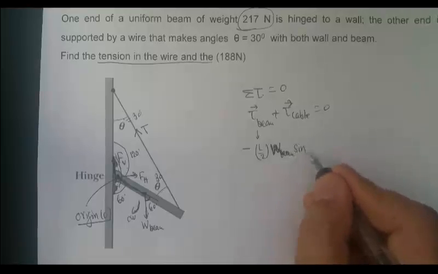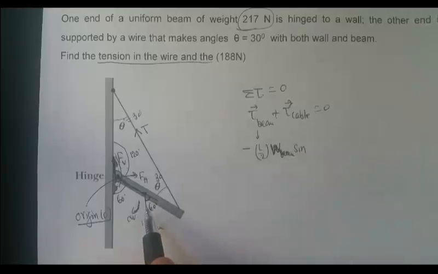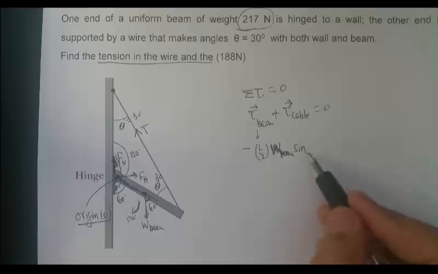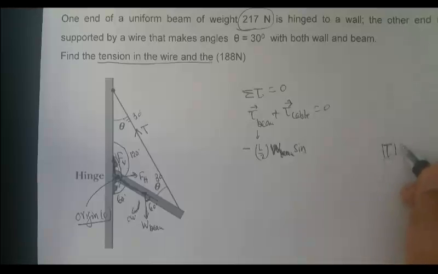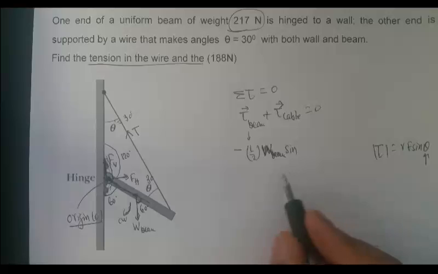And sine of not 90 degrees, because the beam is not horizontal, but 60 degrees, because in the torque formula R F sine theta, theta is the angle between R and F. So here it is 60 degrees.